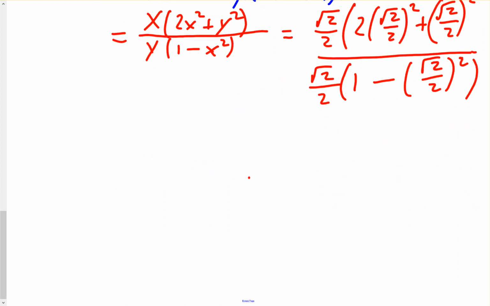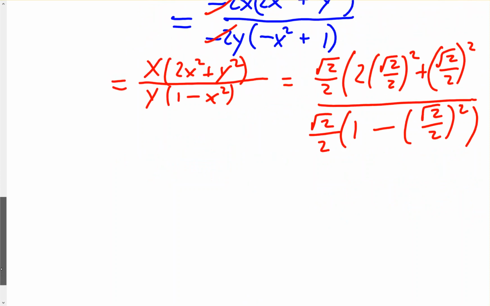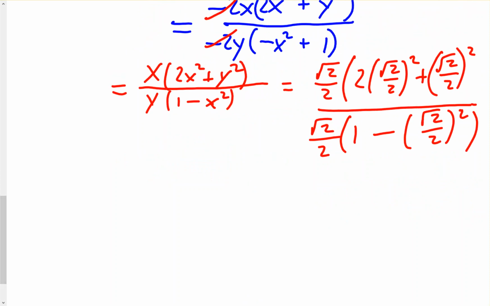Okay, so let's simplify it then. These two, square root 2 over 2, you could cancel those, right? They're factors. And then let's focus on the inside.